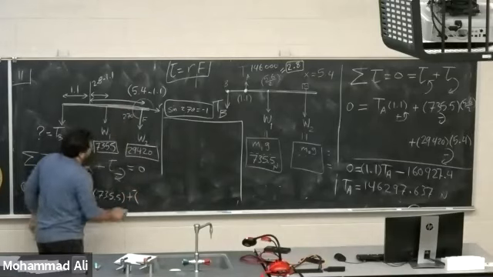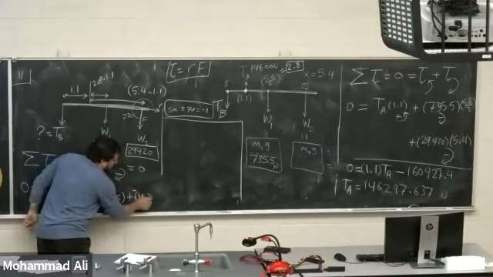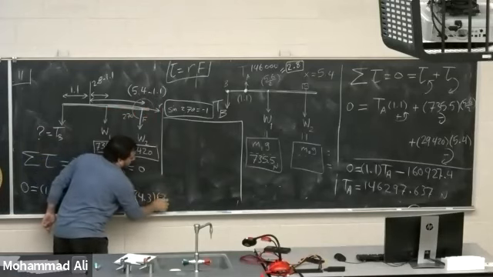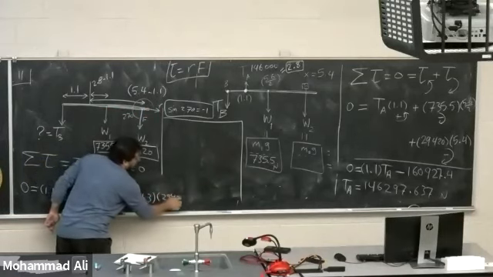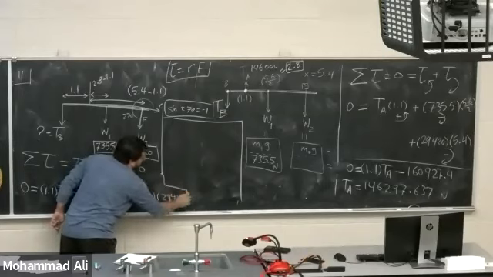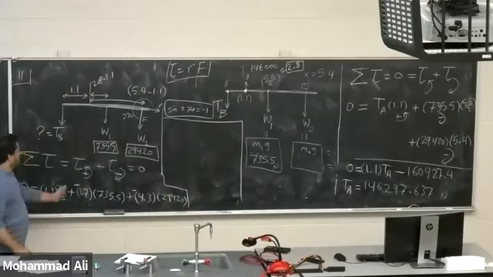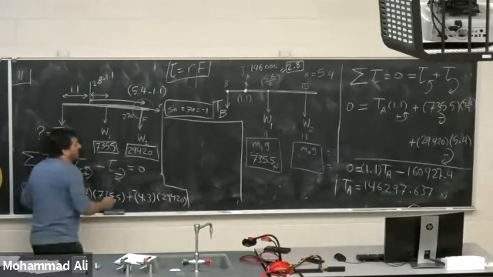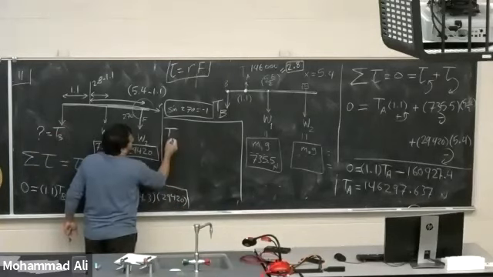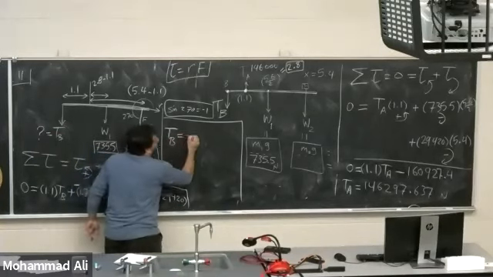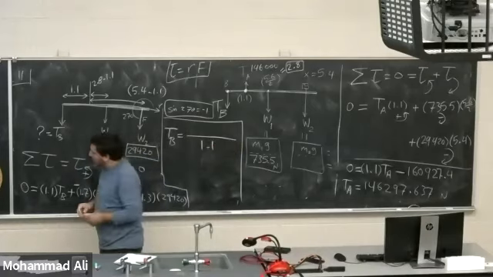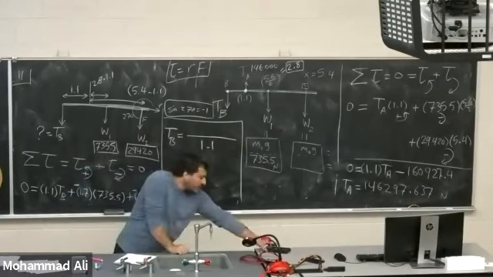The distance is 4.3, this minus this, multiplied by this force, 29,420. These are negative. This is positive. Move this to this side, it will be positive. Divide over 1.1. So TB is equal to something divided over 1.1.